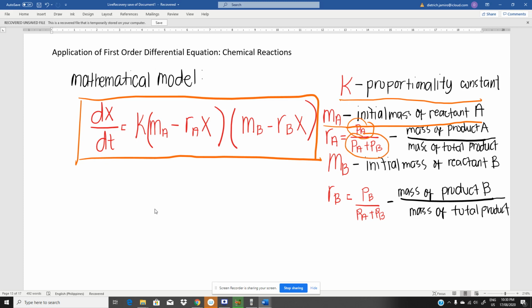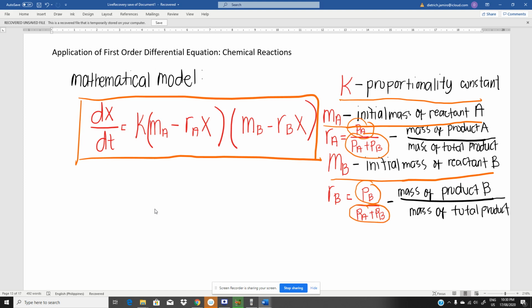And then our Mb is our initial mass of reactant B, and then our Rb is equivalent to mass of product B all over the mass of the total product.